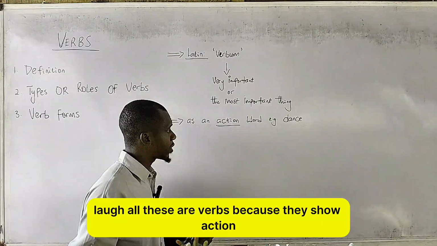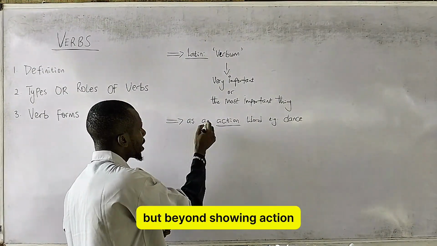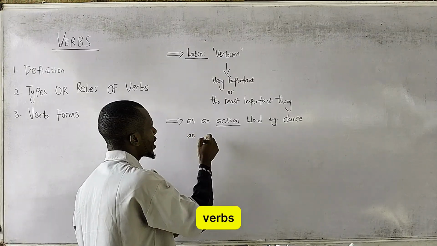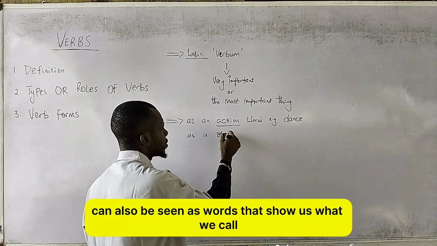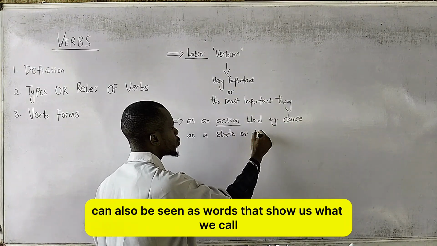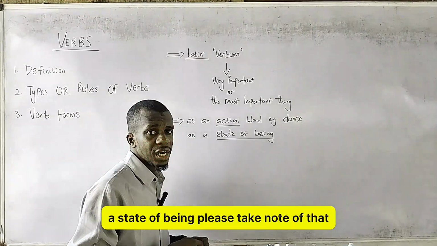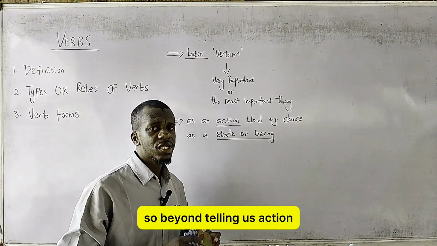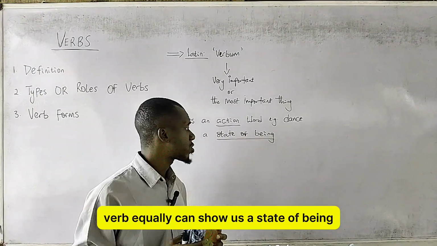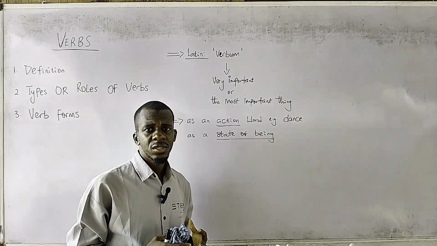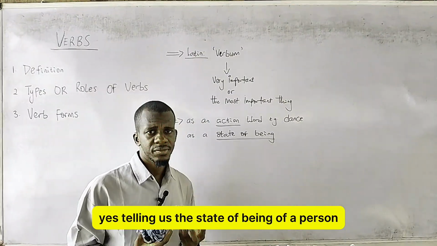All these are verbs because they show action. But beyond showing action, verbs can also be seen as words that show us what we call a state of being. Please take note of that. So beyond telling us action, a verb equally can show us a state of being, the state of being of a person.